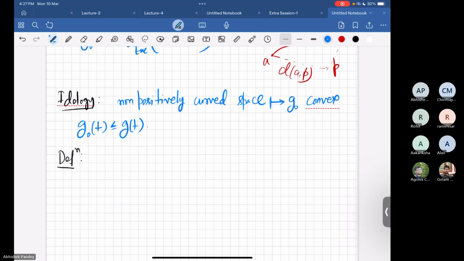We will define this locally, not globally.